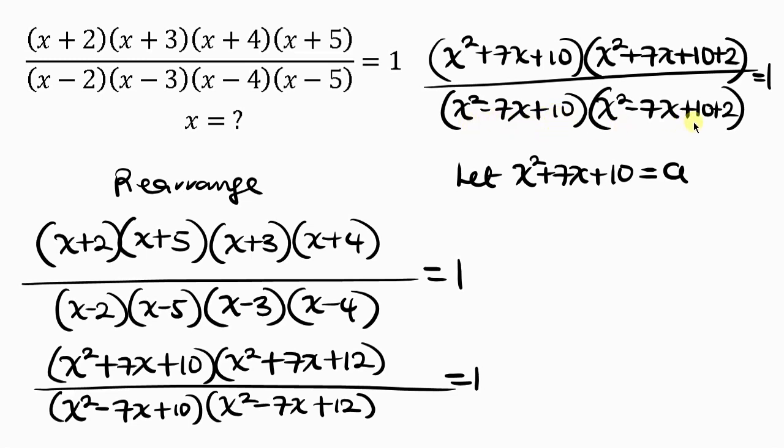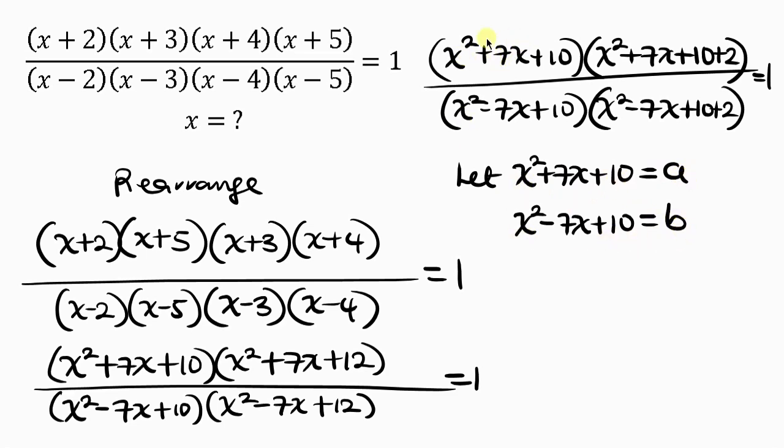Then inside of this other bracket, we have x squared minus 7x plus 10 as well. So we can as well say let x squared minus 7x plus 10, which we have on the denominator, be equal to b. So substitute a for this and substitute b for this.